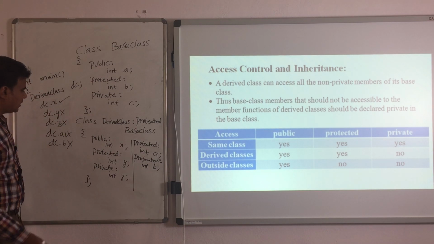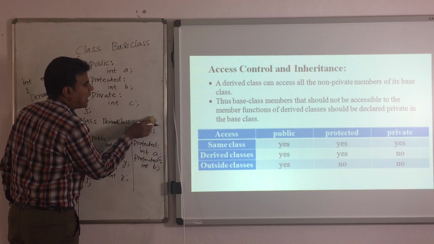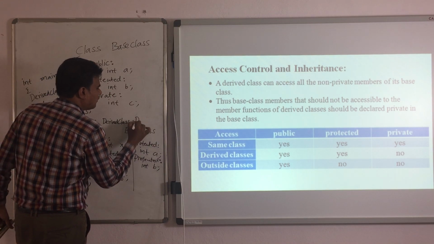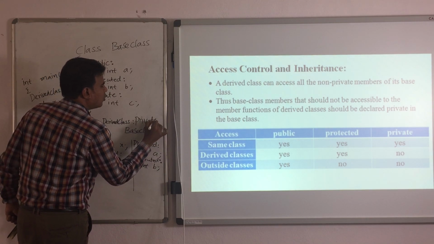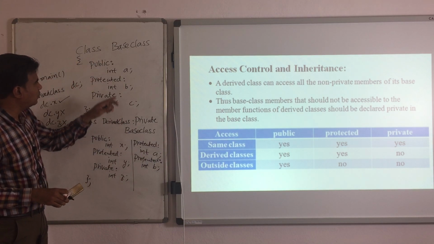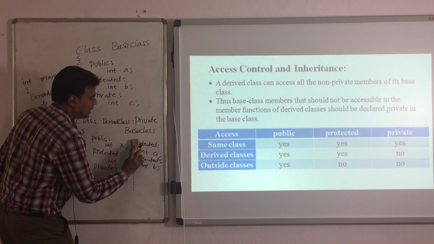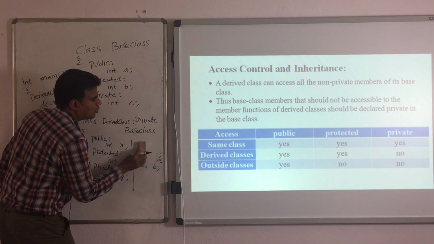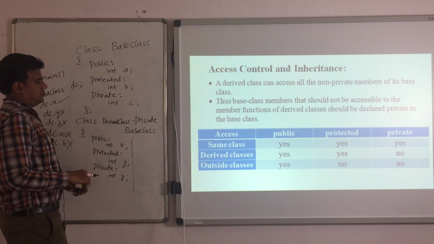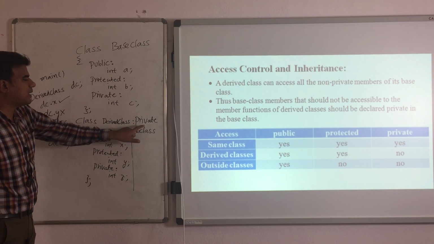The next thing: if your mode of inheritance is private, then what will happen? Private mode of inheritance. How these access modifiers will change with the mode of inheritance, that we will see first. Now my mode of inheritance is private.